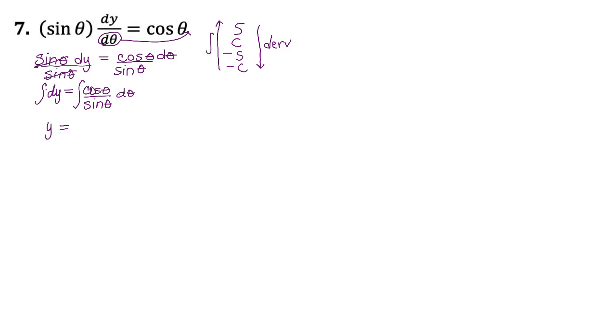So I'm at sine, right? I'm right here. I'm at sine. And if I do the derivative, I should get cosine. Do I get cosine? Yeah. So the derivative of the bottom is the top.